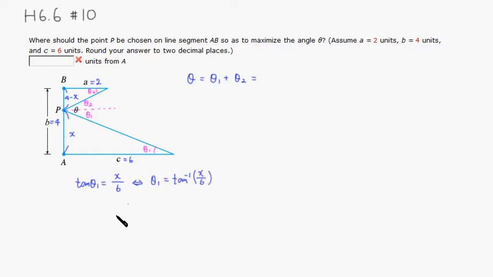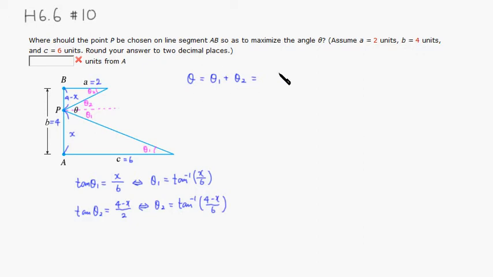And the tangent of theta 2 is opposite 4 minus x over adjacent 2, so we can rewrite it in terms of arctangent.